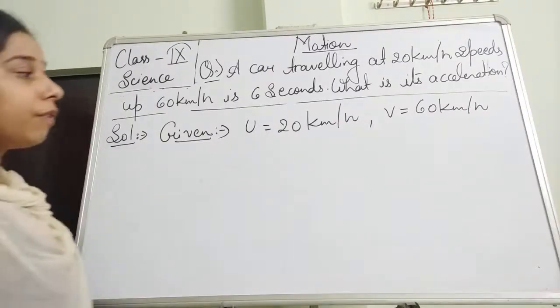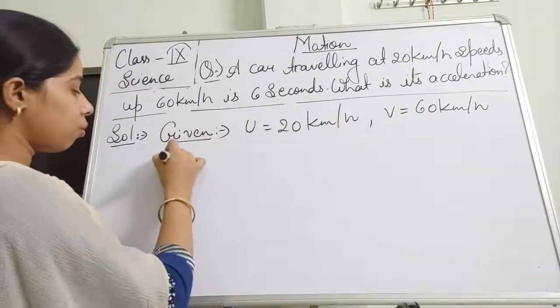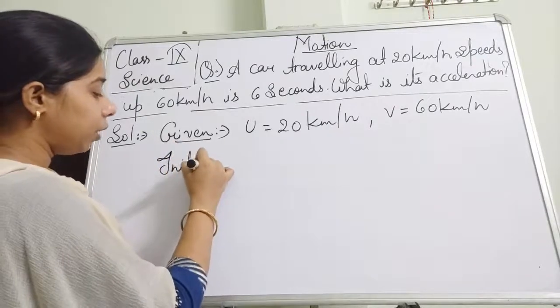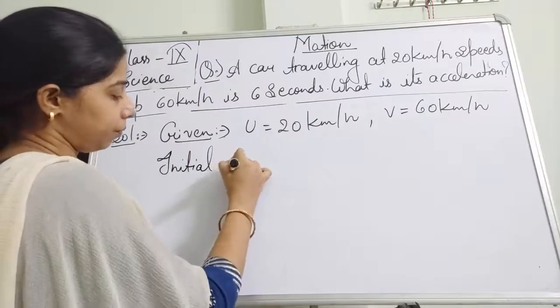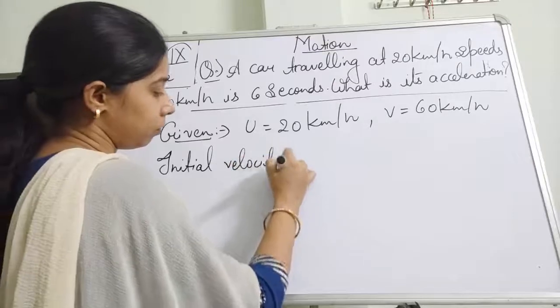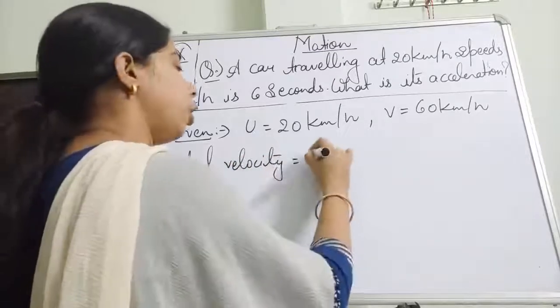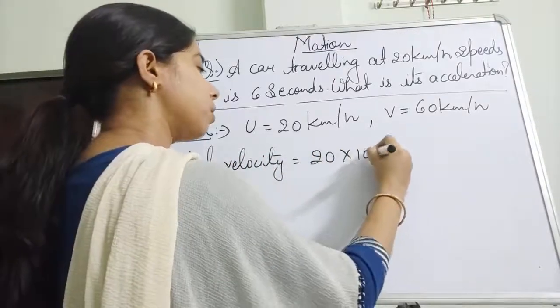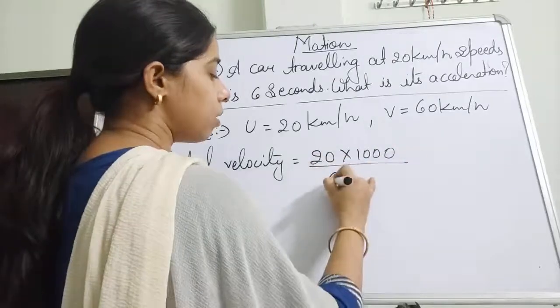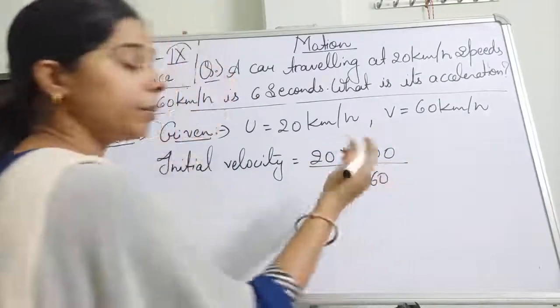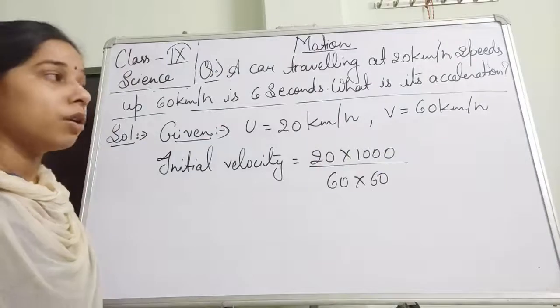So at first we will convert the initial one, students. Initial speed will be equal to 20 into 1000 upon 60 into 60. I told you in the previous class also how to find it. Why is it so?